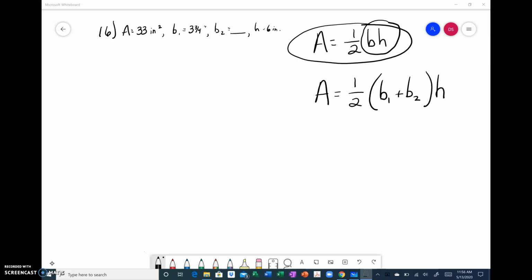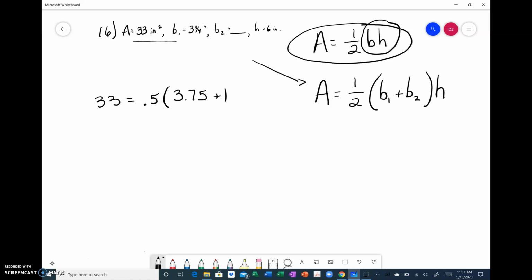So in 16, I'm going to plug this information into this formula. I know that my area is 33 times 0.5, which is 1/2, of 3 3/4. Now I'm going to change it to a decimal because I'm using my calculator. Okay, base 1 is 3 3/4, which is 3.75.